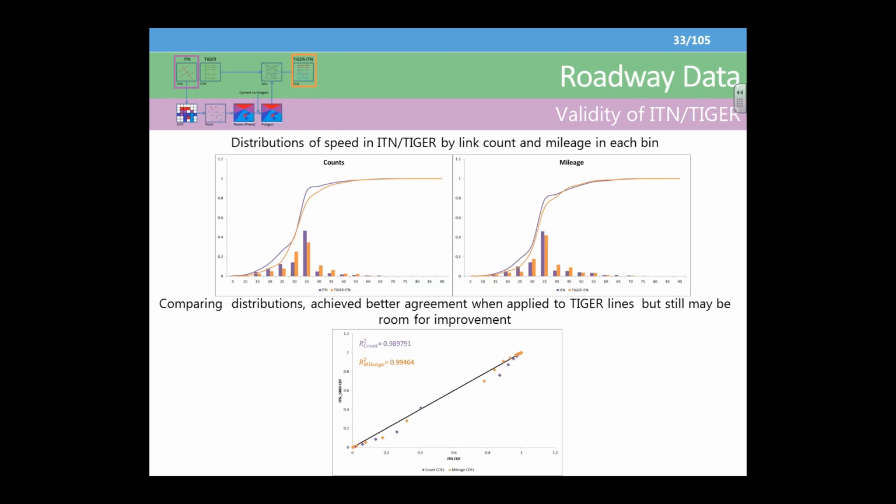We didn't lose too much of the initial distribution of the speed. And importantly, with this whole IDW interpolation method, we maintained the range of data that we had in the original ITN. The minimum value and the maximum value were the same once we did all this projection and interpolation.